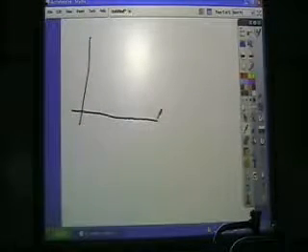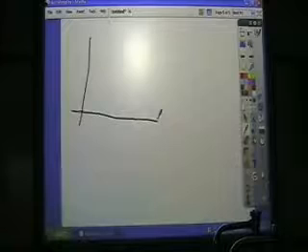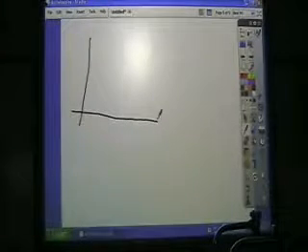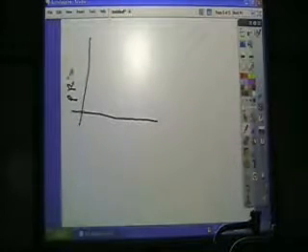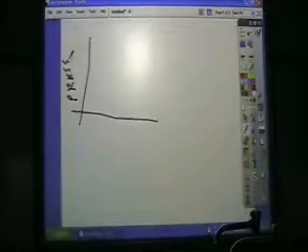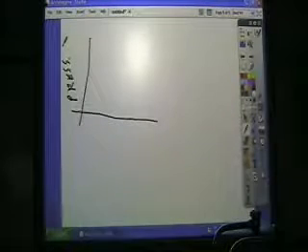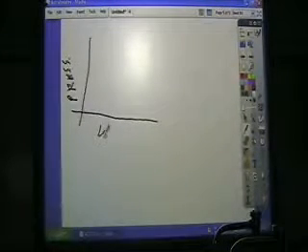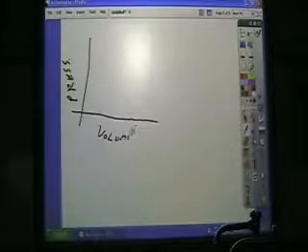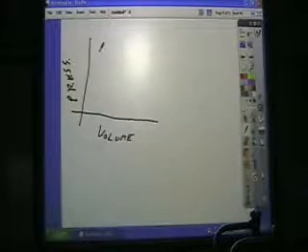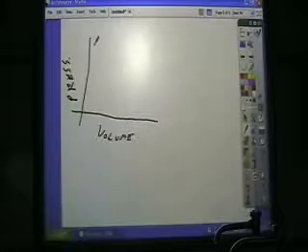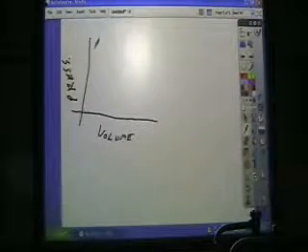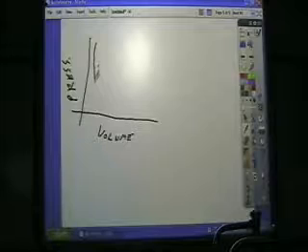I apologize for my graph drawing. I still don't have very good skills on this yet. Alright? Now, with this pressure versus volume graph, a general isotherm or an isothermal reaction is going to have a graph that looks roughly like this.